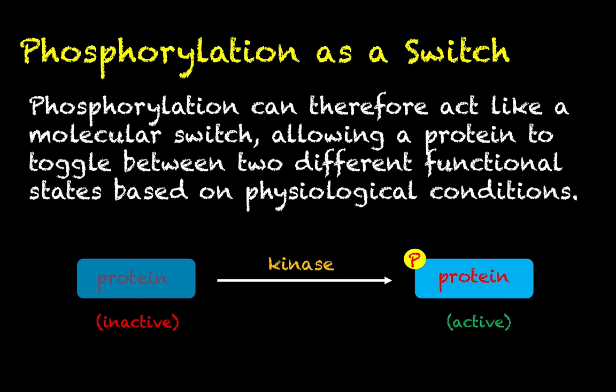The cell, through molecular control of kinase activity, can determine when proteins are active and when they are not active, based on physiological conditions that cells in the body communicate to each other through neurotransmitter release or through hormone release.